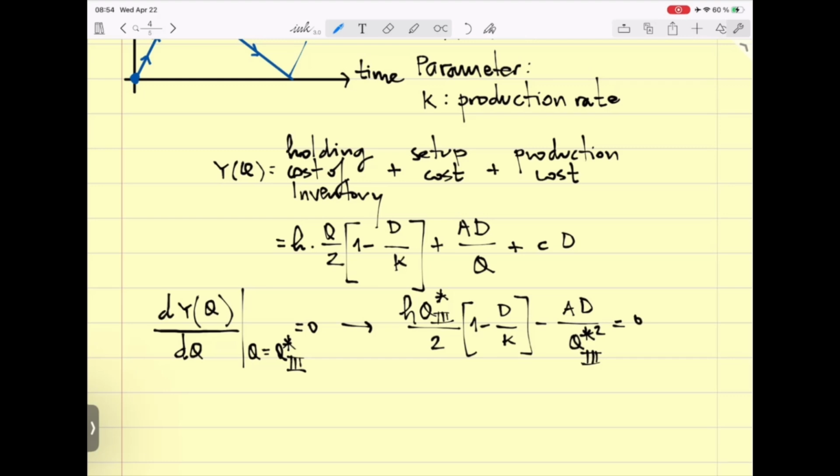So our q star 3 will equal the square root of 2AD divided by H times 1 minus D divided by K.